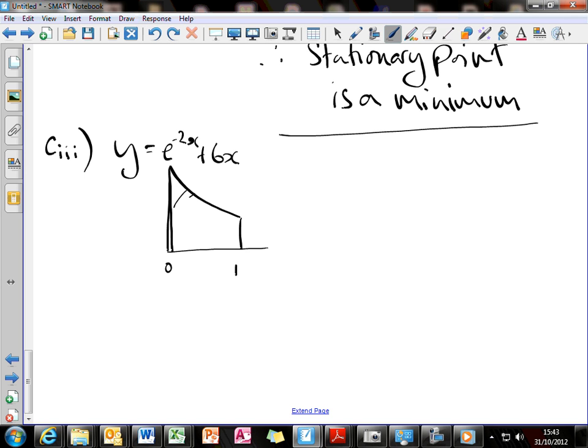Imagine this curve has been rotated through something like that. We're trying to find that volume anyway.